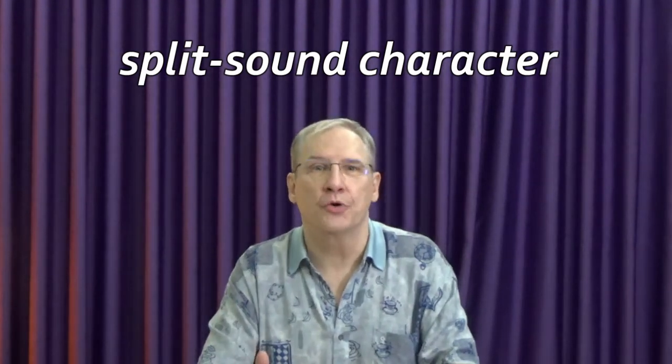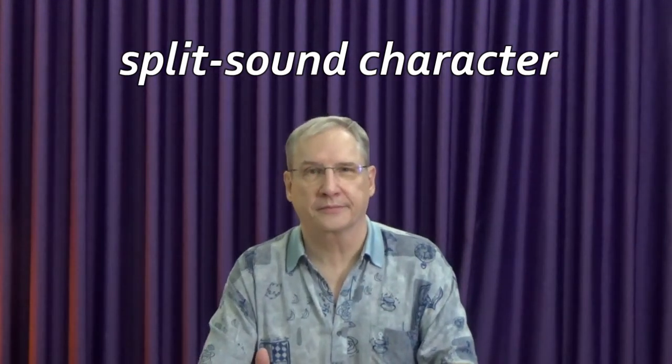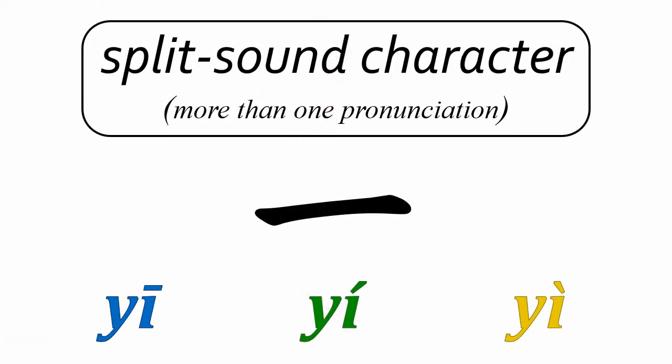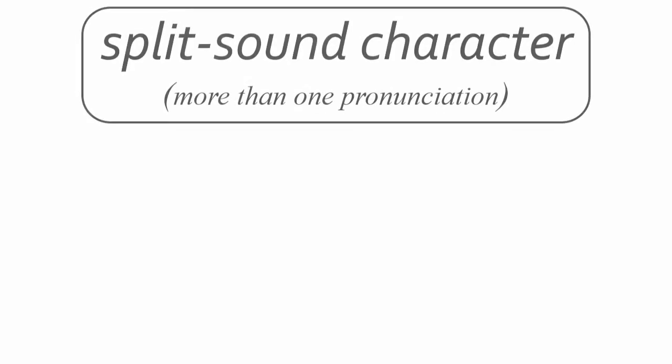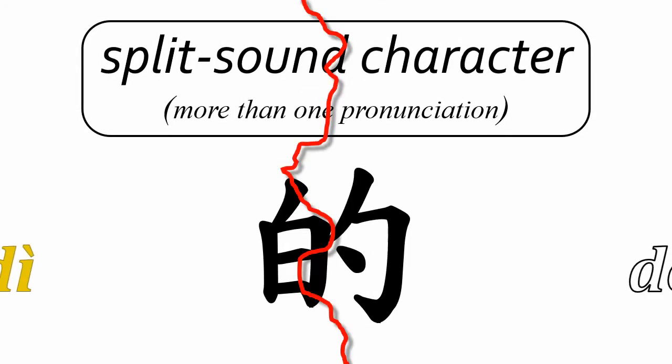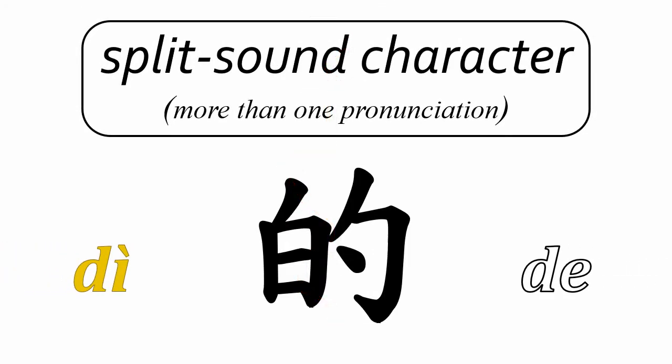It splits into more than one pronunciation. So far, we've seen 3 characters that fall into this category. Number 1, yi. Negative, bu. And the clarifying possessive de.